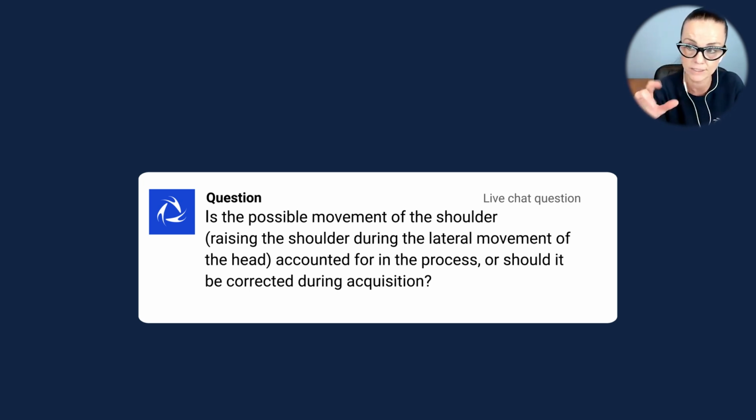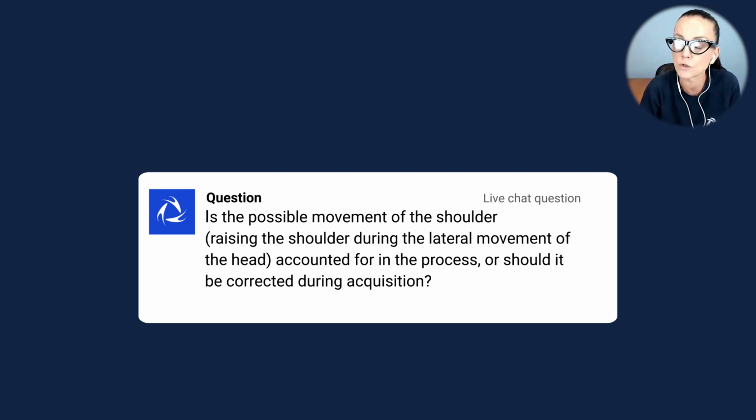As I explained, it is the relative movement of the head with respect to the trunk. But if for any clinical reason the patient has a compensatory strategy and also moves the shoulder, we could assess this behavior by watching the video, of course, in terms of observational analysis.